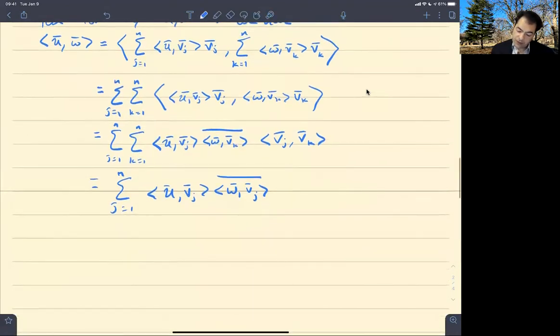Okay, so we found the inner product. Right? In fact, the inner product of u and w, we have written using only the inner products of u and w with respect to the elements of the basis. And we can recognize this.